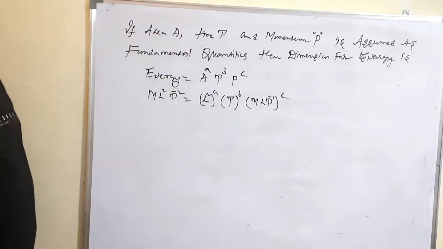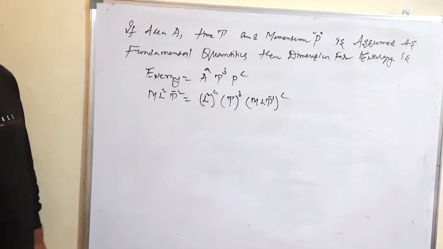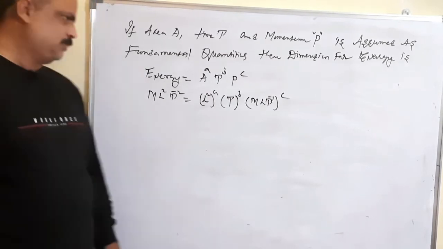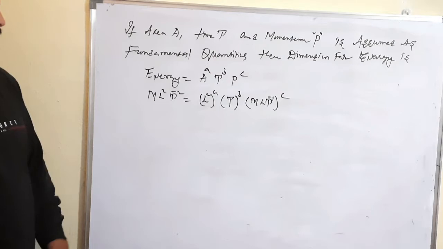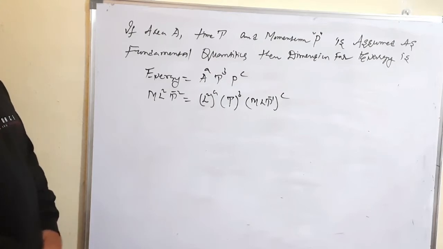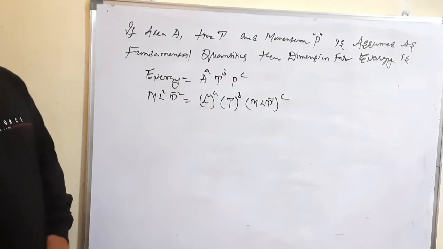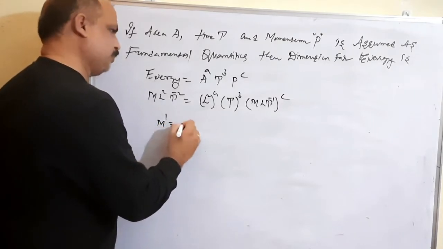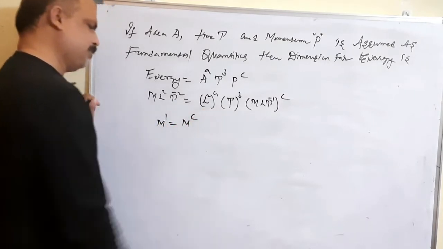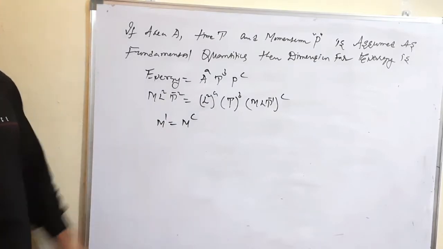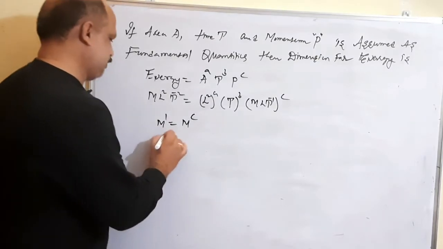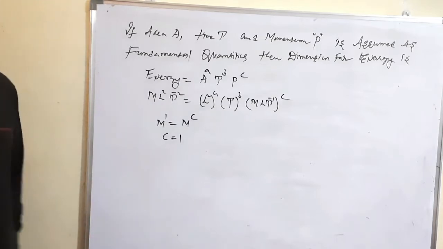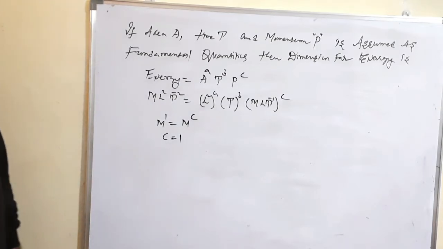Comparing both sides, we compare the powers of M, L and T. First we compare M powers. M power 1 is equal to M power c on both sides, so c is equal to 1.